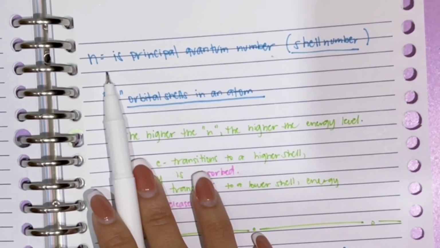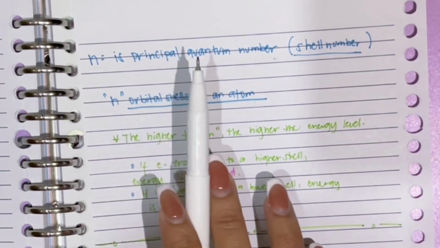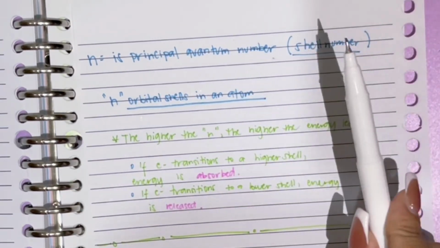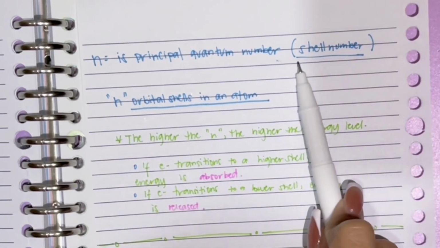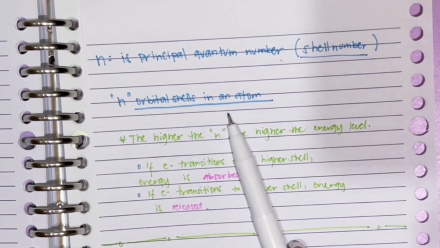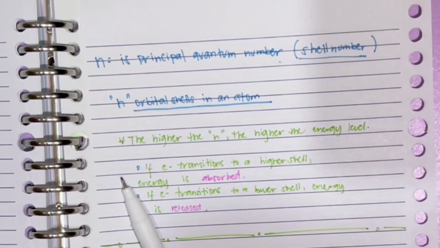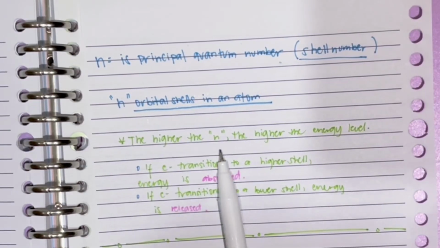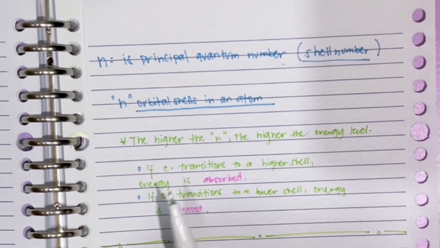Yung diniscuss natin kanina is about the principal quantum number, which is tinatawag din siyang shell number or the orbital shell in an atom. So, sabi ni Pauli is the higher the n is the higher the energy level.